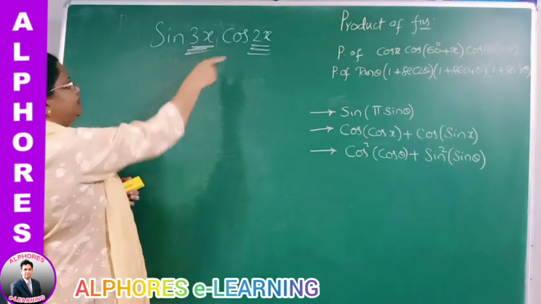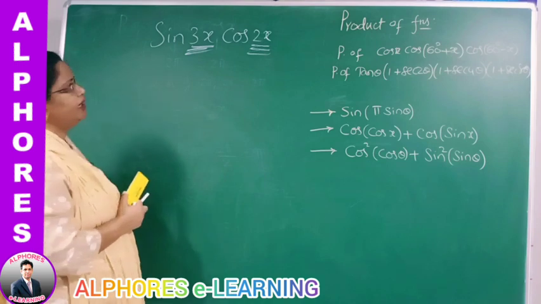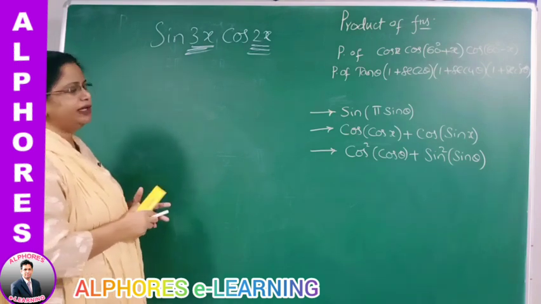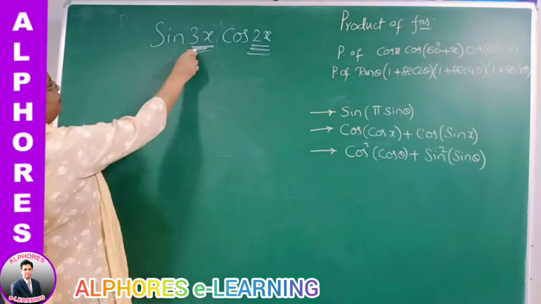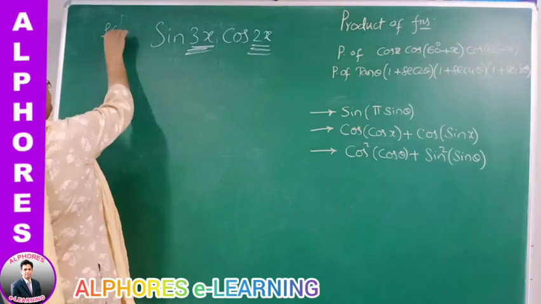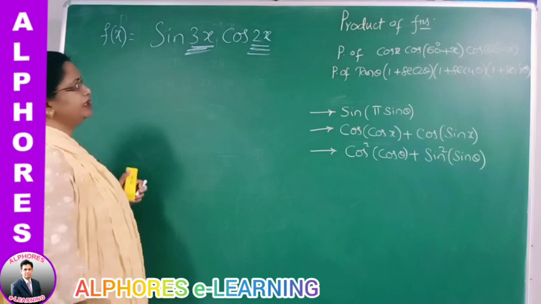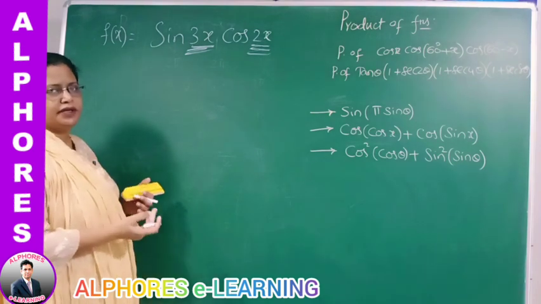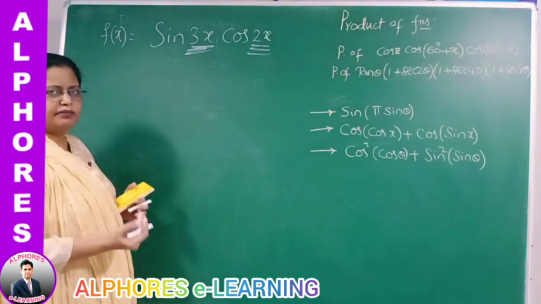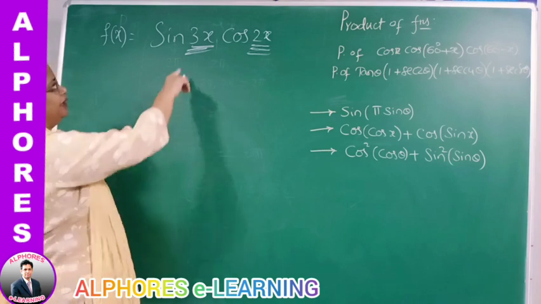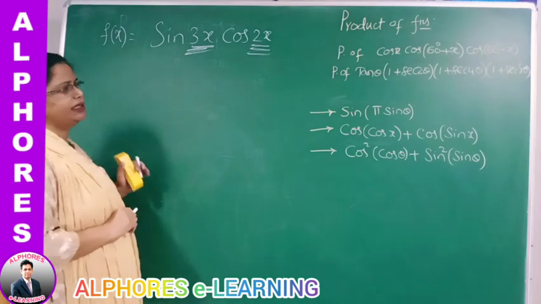But here one is 3x, the other is 2x, so we can't write it with the sin 2 theta formula. Now how do we find the period of this function? You know about transformation problems, the name itself being transformation from product to sum or sum to product. Let's make use of that concept here.